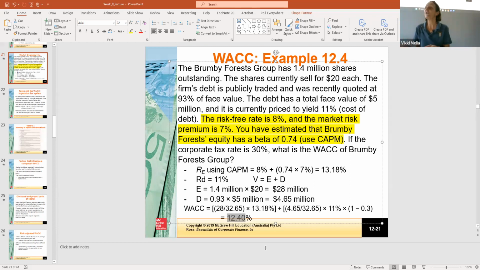If they earn less than 12.4%, the value of their assets would drop. They need to earn that return as a minimum. So it's a really important piece of information for a company to know. They need to know the cost of their equity and their debt so they know what sort of returns they need to generate from the assets they invest in.